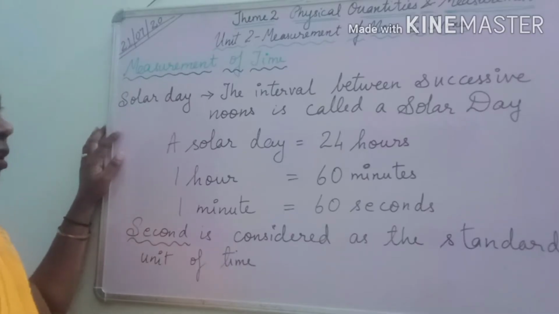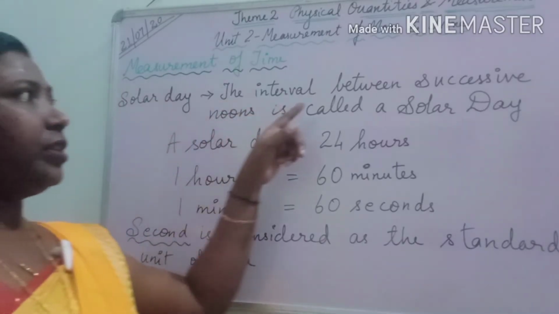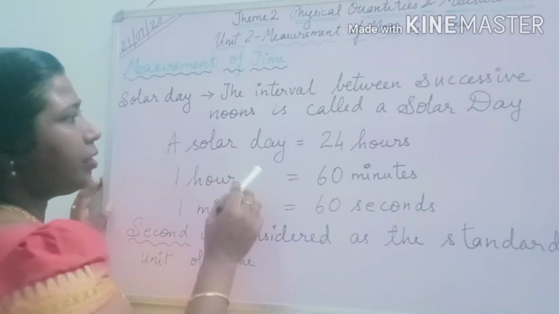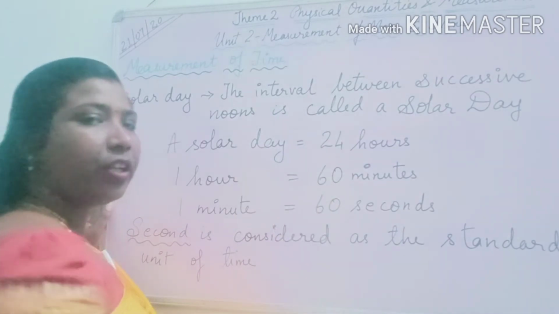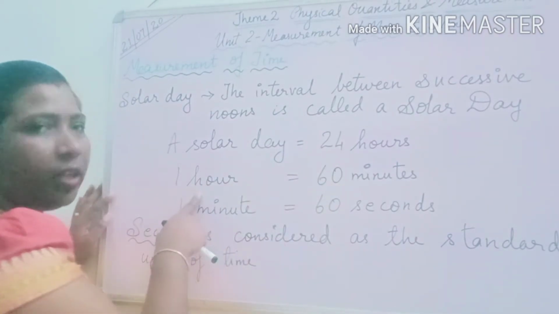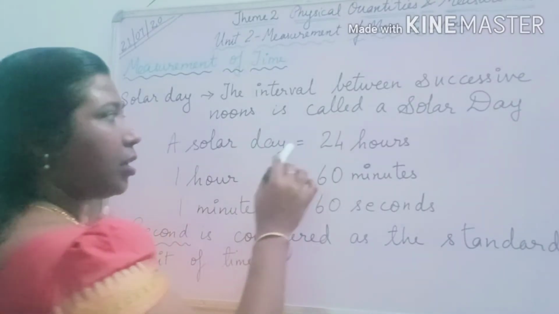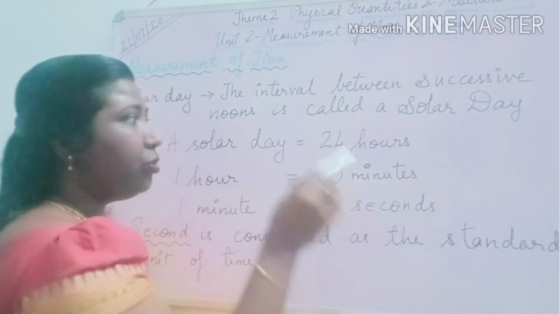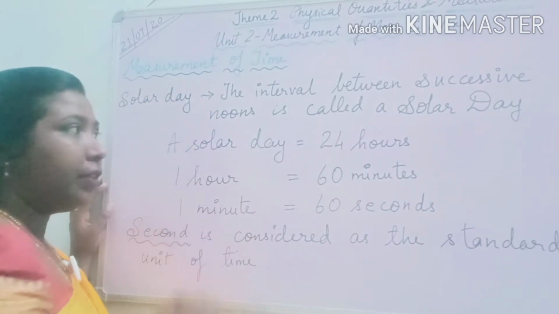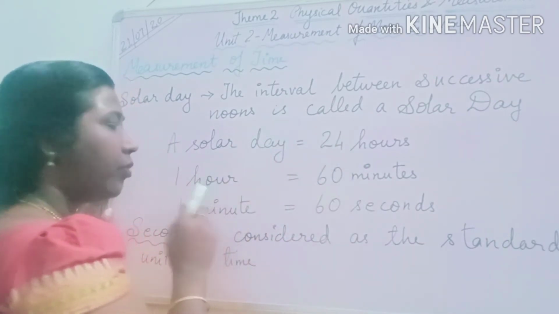A solar day, the interval between successive noons, is called a solar day. A solar day is divided into 24 equal intervals. That interval is called 1 hour.